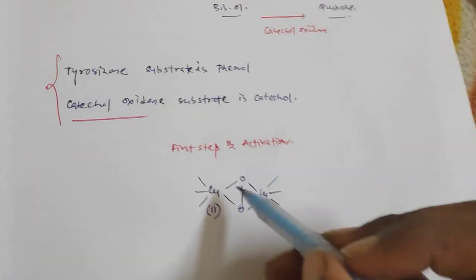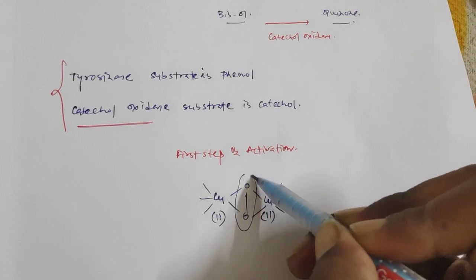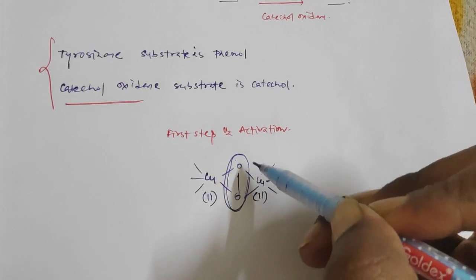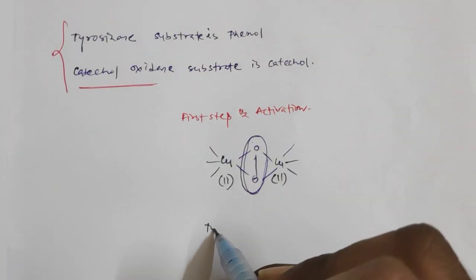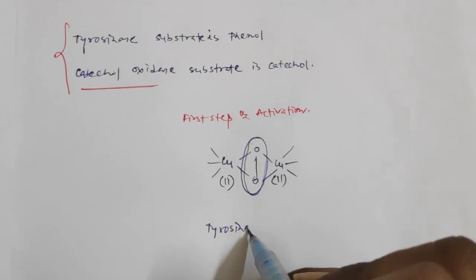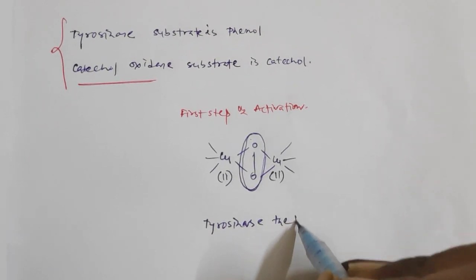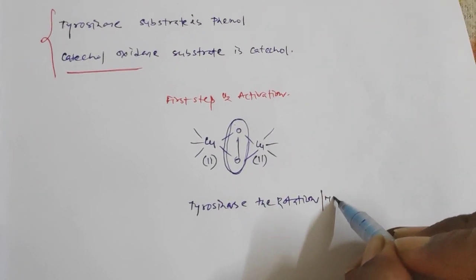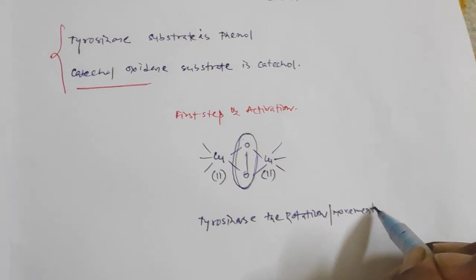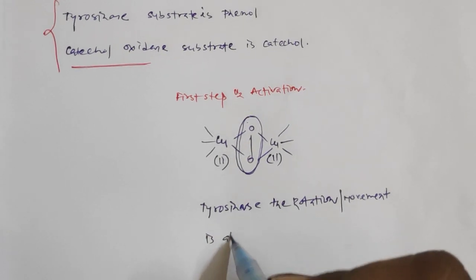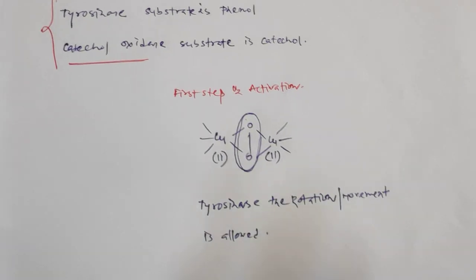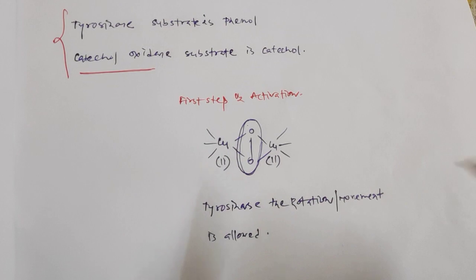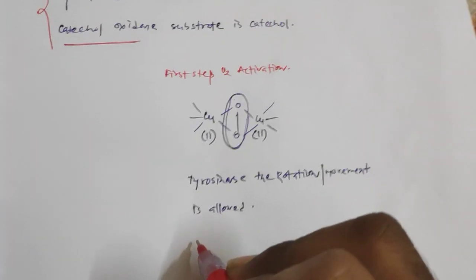But what happens in the rotation in between? In the case of tyrosinase, this rotation or movement is allowed. But in the case of catechol oxidase, this movement is not allowed.